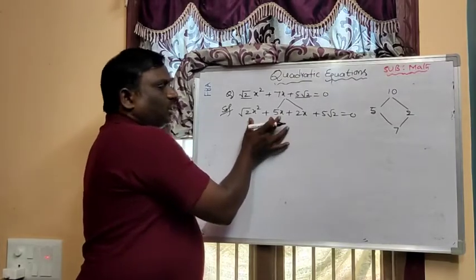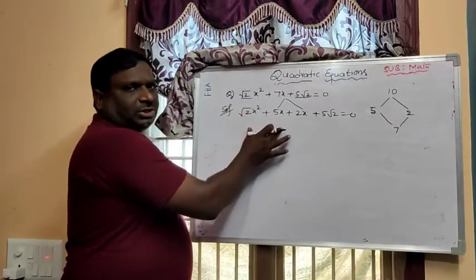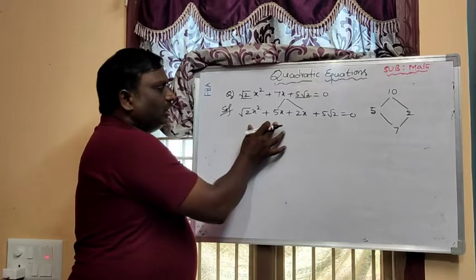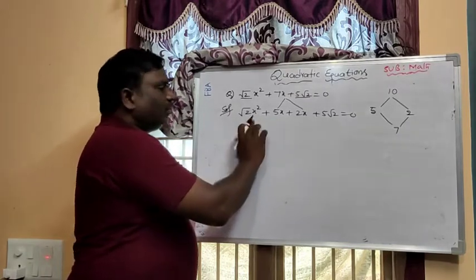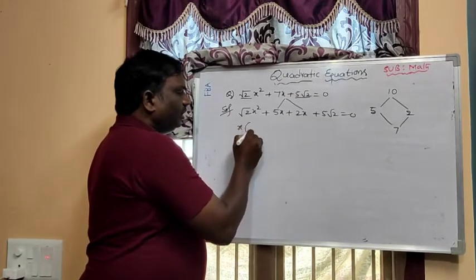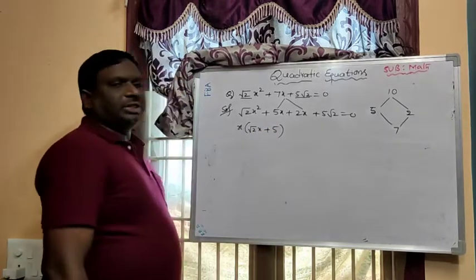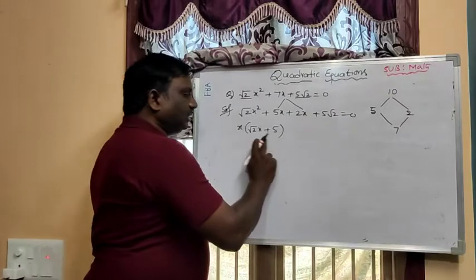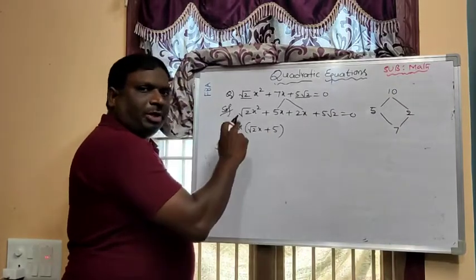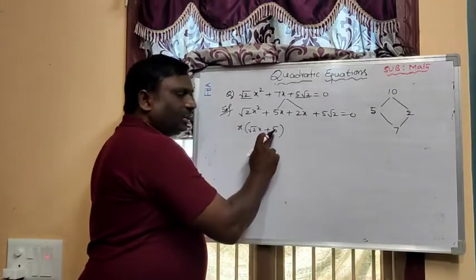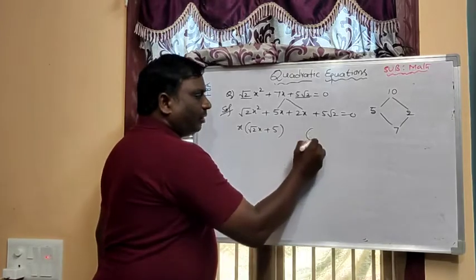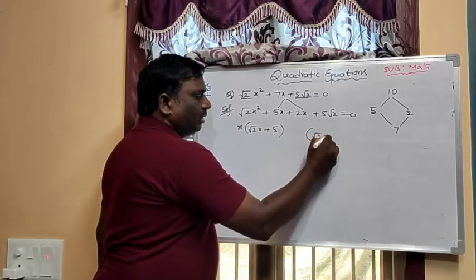From the first two terms, always take the common value. What is the common value? x. Then we get x into root 2x plus 5. As in polynomials, whatever you got in the bracket, the same value you write with the bracket: root 2x plus 5.